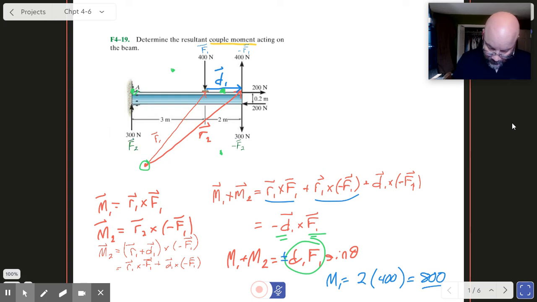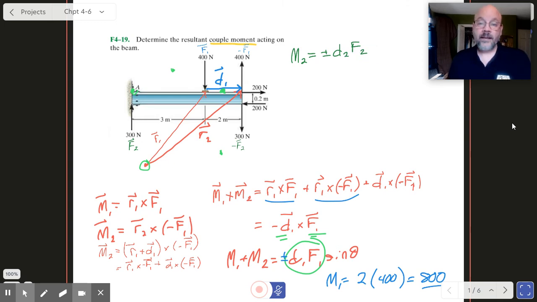And so if I want the moment from those forces, I would say M2 is plus or minus the distance between them times their magnitude. Now in this case, they're going to be acting together to create this kind of motion. So that's going to be clockwise, so that's negative. And so we would say M2 is minus 5 times 300.